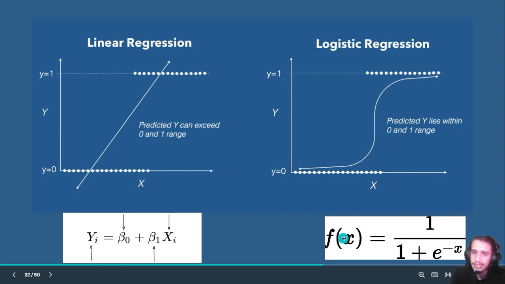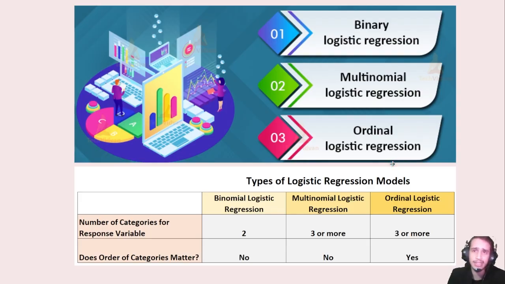Here f(x) is our y, the dependent variable, x is our independent variable, and this is the bias and this is the weight. So this is the difference between linear and logistic regression.